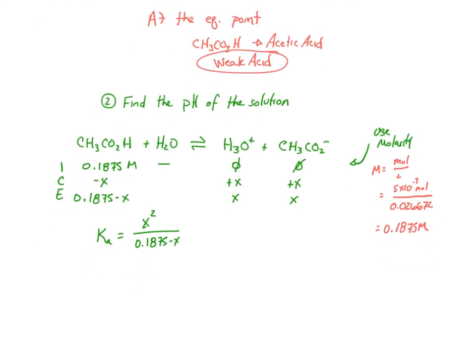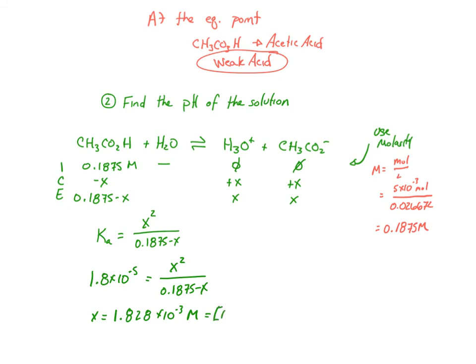And so my Ka for acetic acid is 1.8 times 10 to the minus 5 is equal to x squared over 0.1875 minus x. If I do my quadratic, I find that x equals 1.828 times 10 to the minus 3 molar.